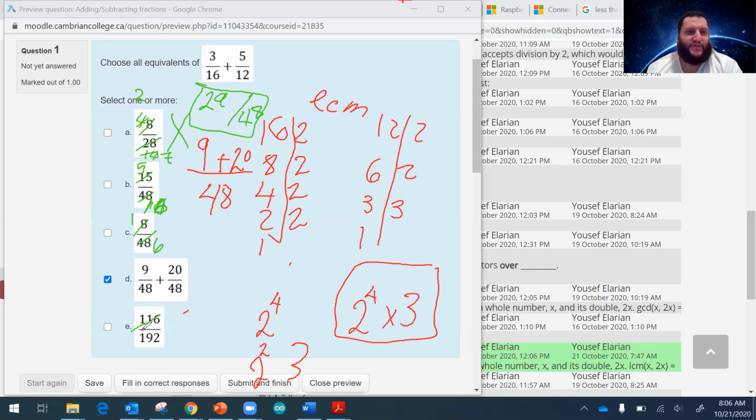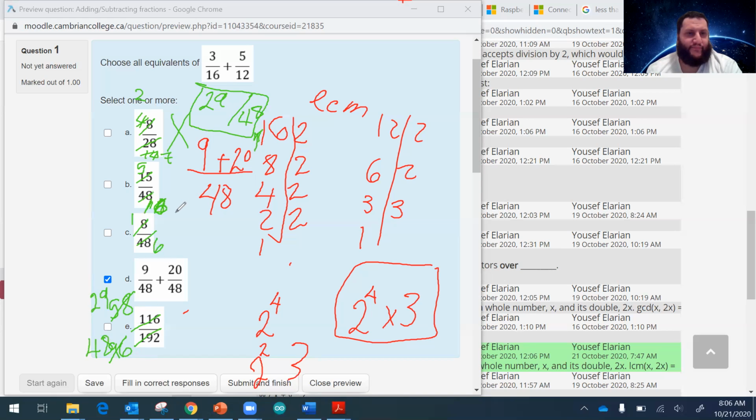Now here, it's tricky. We can divide by 2, so we will have 58 over 96. Still, divide by 2. We will have 29, and here we will have 48, which is exactly what we are looking for.